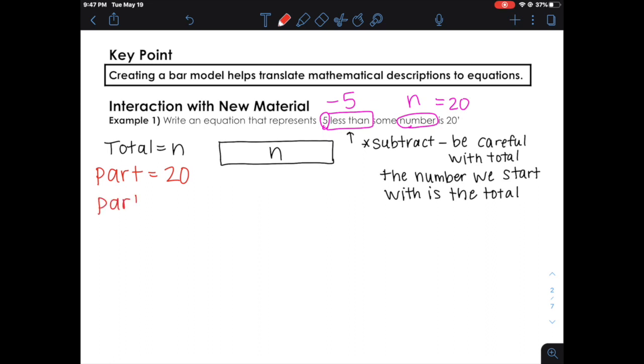And then the other part is going to equal 5, because we're using our 5 and we're using the 20. So I break it into 2 parts. I probably should draw it a little bit more accurately. One part is 20 and one part is 5.